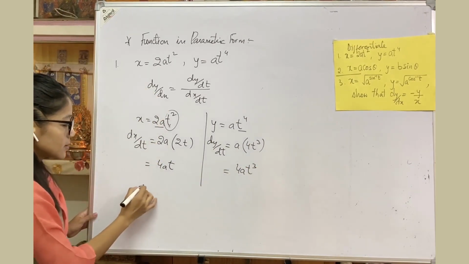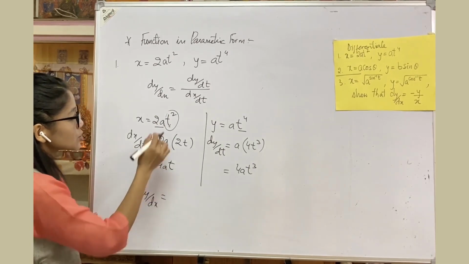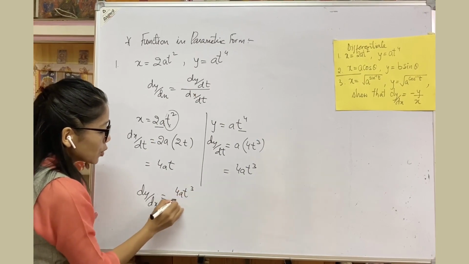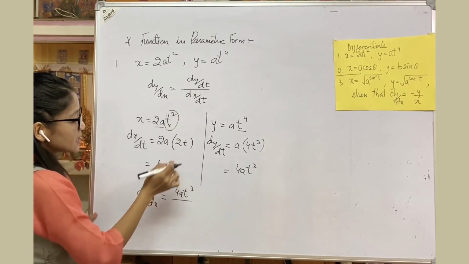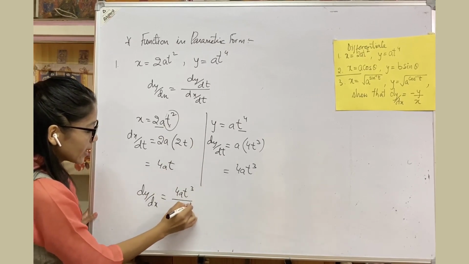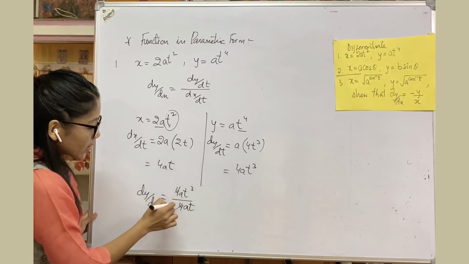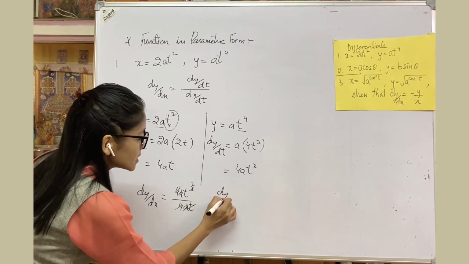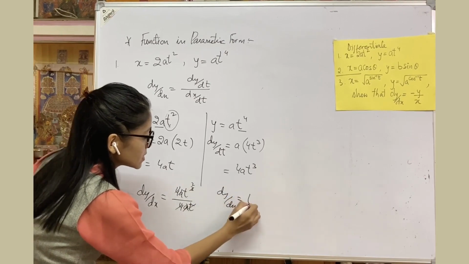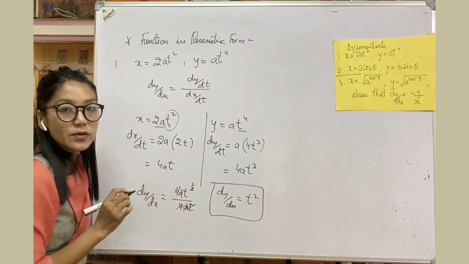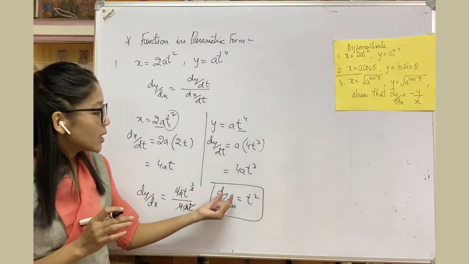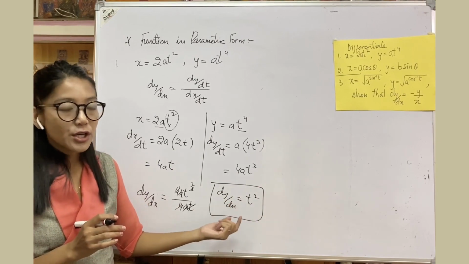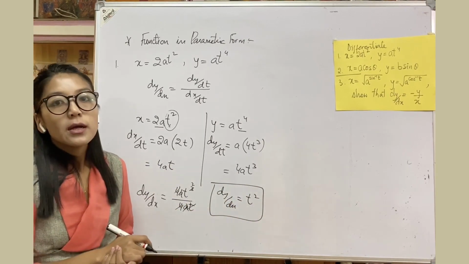Now you can put it here. dy by dx is equal to dy by dt, which is 4at cube, divided by dx by dt, which is 4at. 4 gets cancelled, a gets cancelled, and t to the power 2 remains. So we have dy by dx is equal to t square. This is how you will find dy by dx, and dy by dx will be in terms of the third variable at the end. So this is how you will differentiate a parametric function.